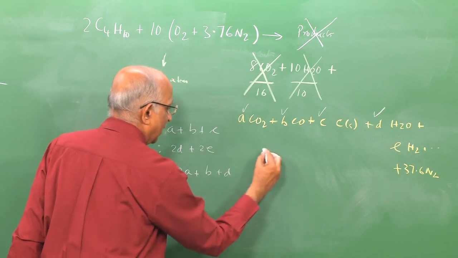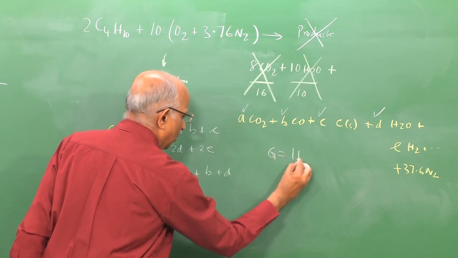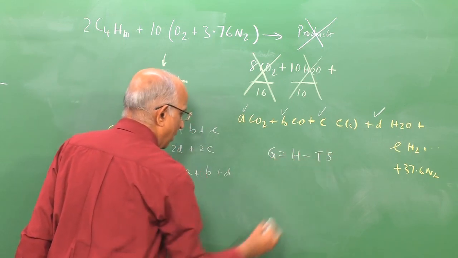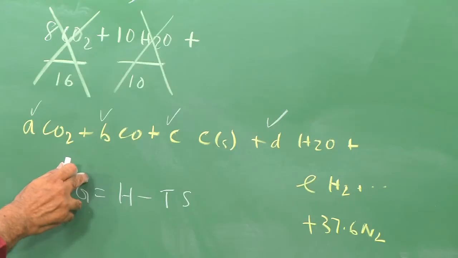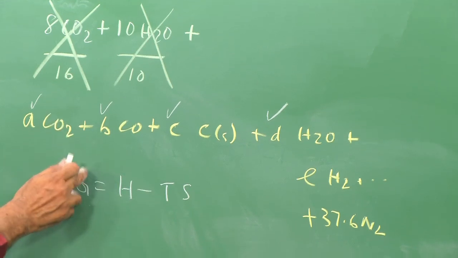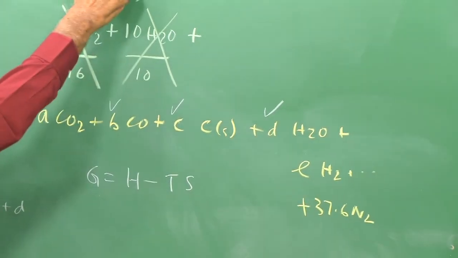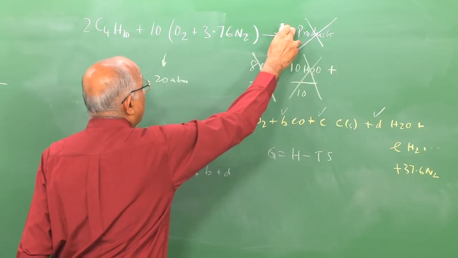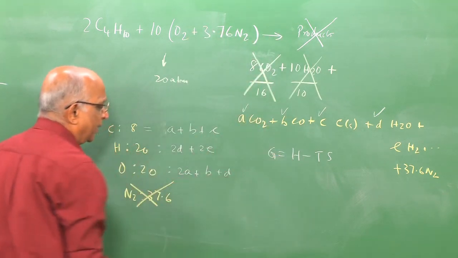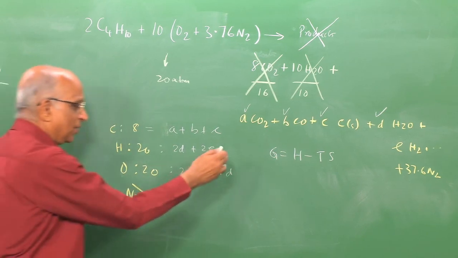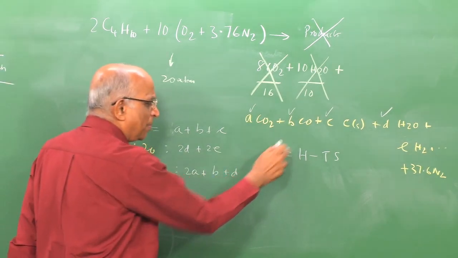Gibbs free energy is equal to enthalpy minus temperature into entropy, and for equilibrium Gibbs free energy is a minimum. I can use this and calculate, provided I know the temperature, but I do not know the temperature because I do not know the energy release. Maybe through an iteration process it is still possible, but the process is rather cumbersome.